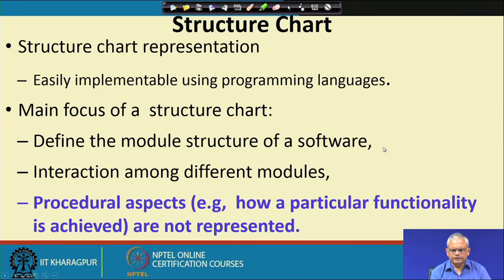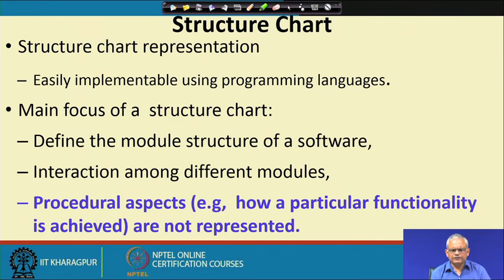Now, let us see what are the elements of the structure chart. The structure chart identifies the module structure, and we can easily program from the structure chart.